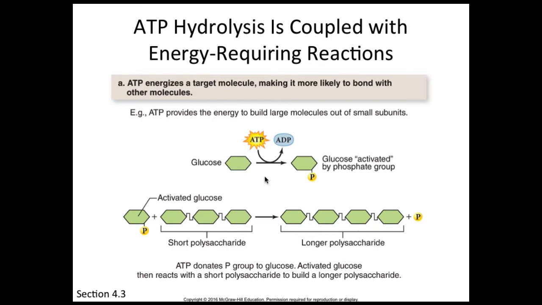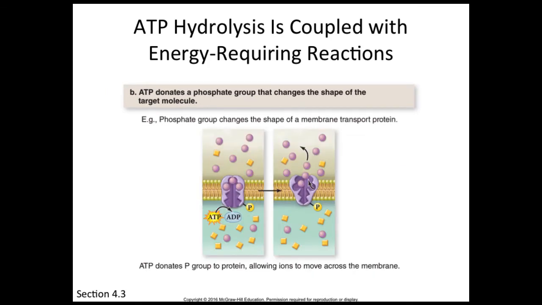It requires ATP to build this large molecule out of smaller subunits. Another example, ATP donates a phosphate group to a protein, allowing ions to move across the membrane. This is going to allow us to pump solutes against a concentration gradient.